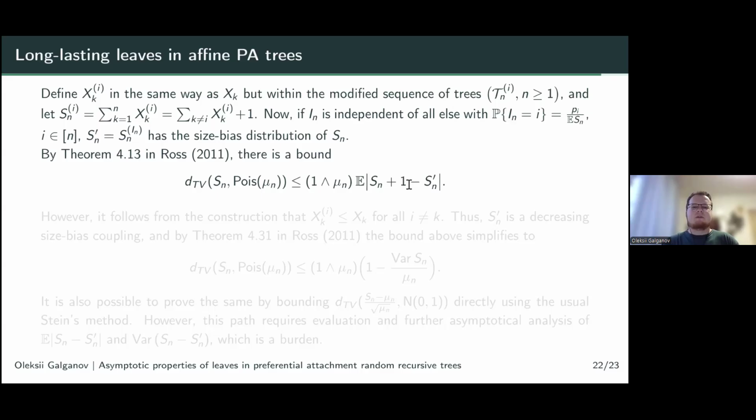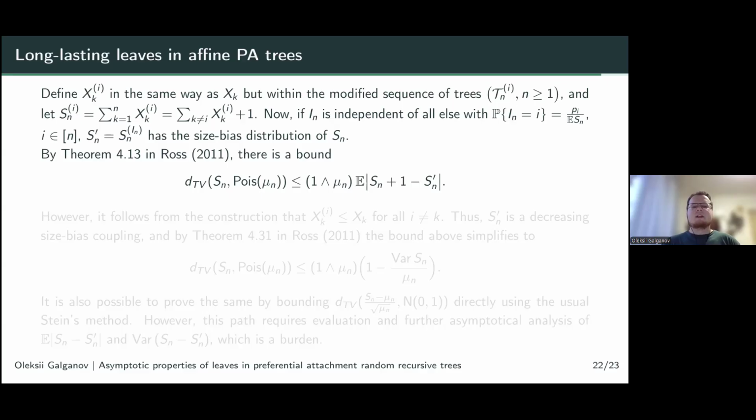Here we have the minimum of 1 and n, times the expectation of the absolute value of Sn plus 1 minus Sn prime. So of course, it's possible to evaluate this expectation and to further do some asymptotic analysis and arrive at the results we have.